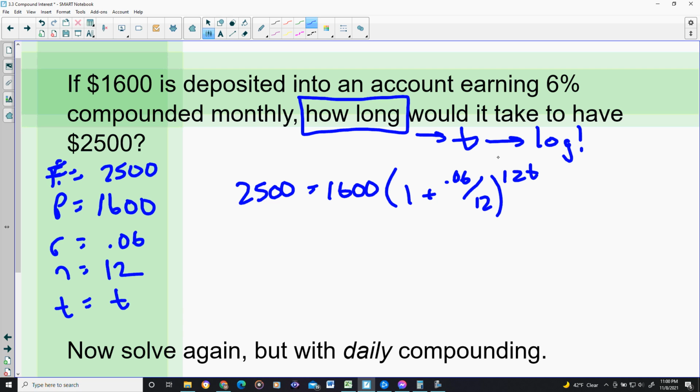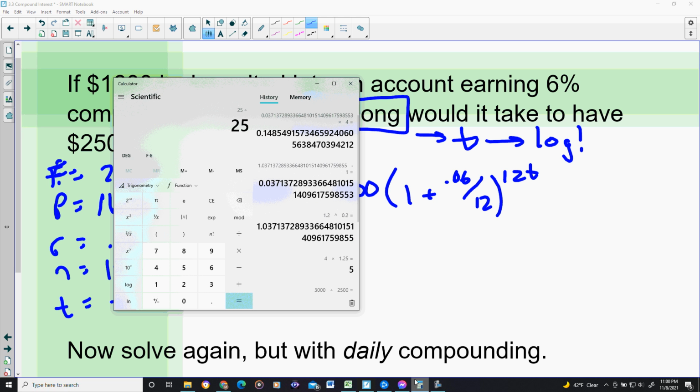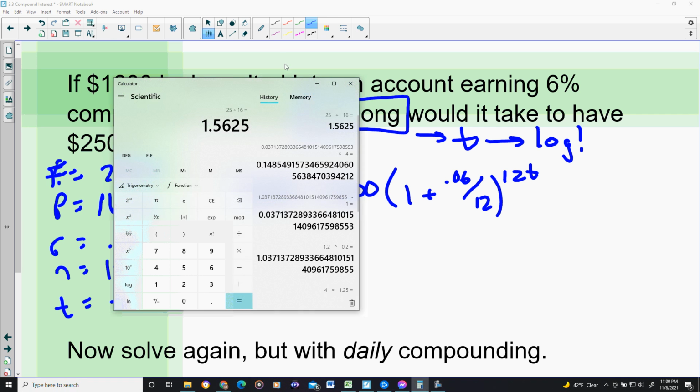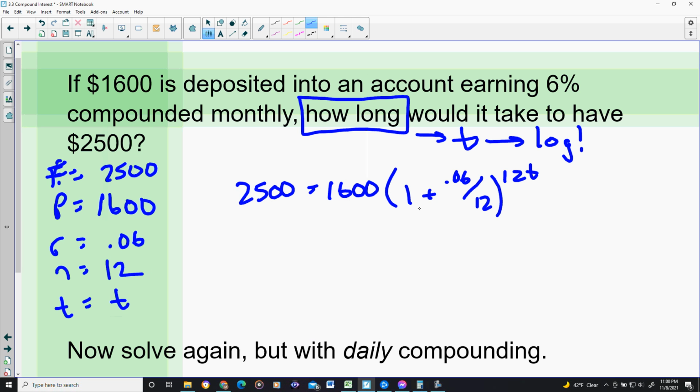Doesn't this look like some of the equations that we did in the very first section of this chapter? Okay. So let's start by dividing. 2,500 divided by 1,600 is 1.5625 equals.